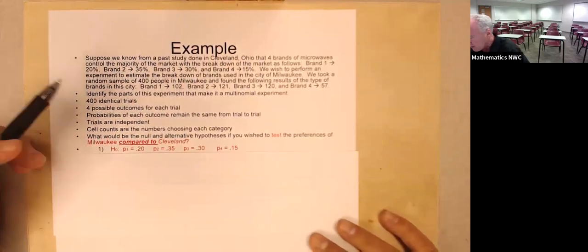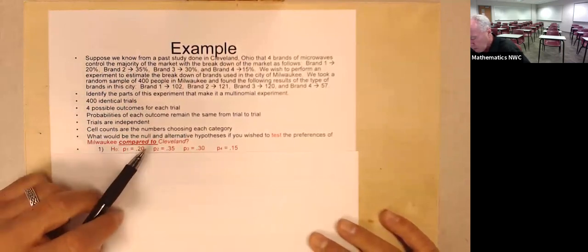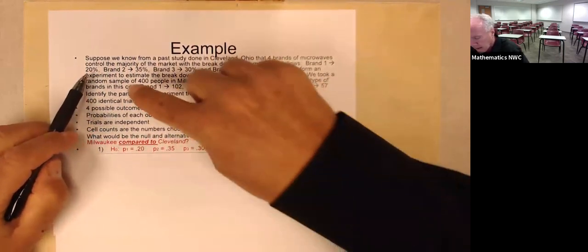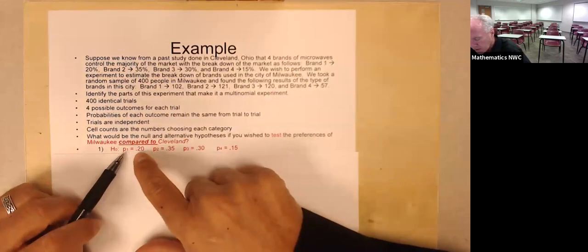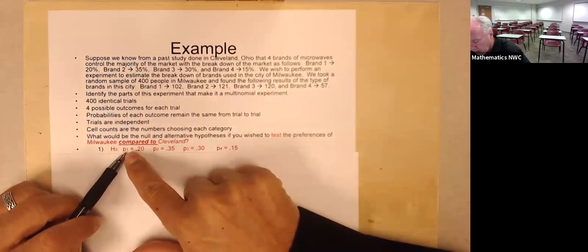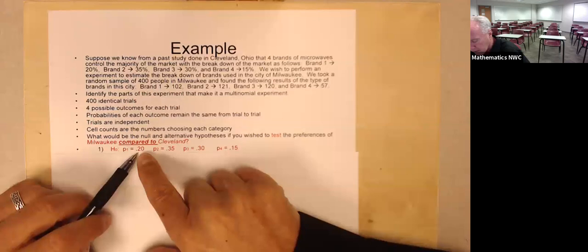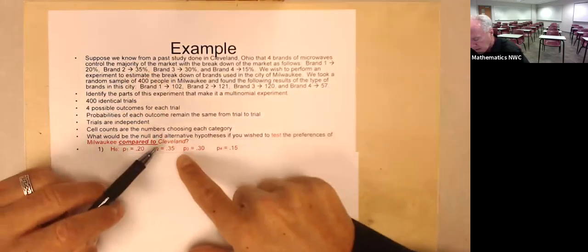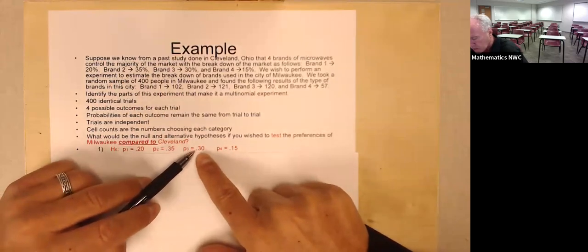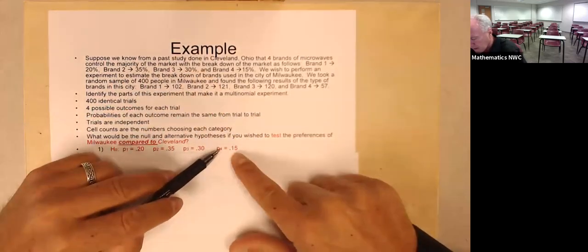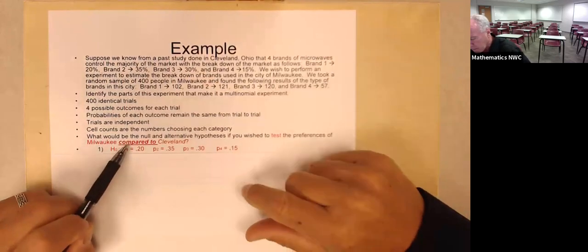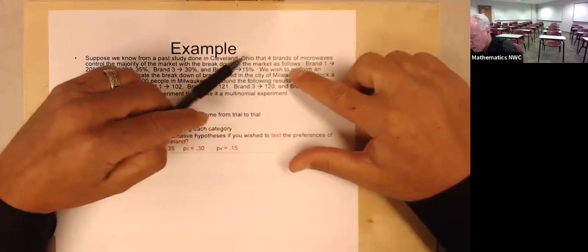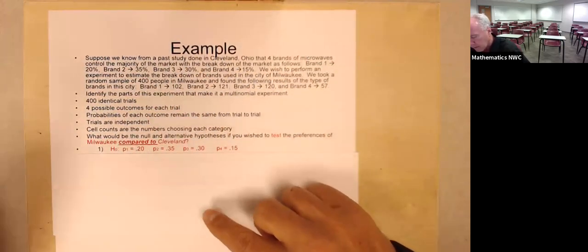In step 1, our null, we start off assuming that brand 1 is going to get 20%. So we start off saying the proportion for brand 1 is 20%. We start off saying the proportion for brand 2 is 35%. Proportion for brand 3 was 30%. And that's because I'm comparing it back to Cleveland. Milwaukee compared to Cleveland.